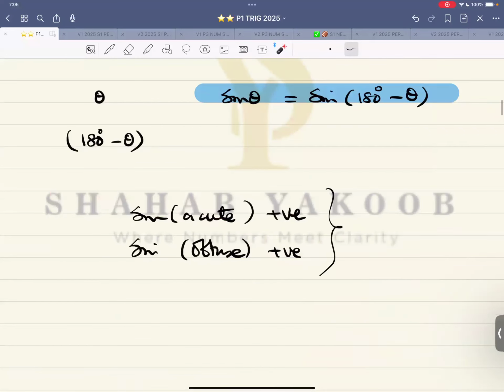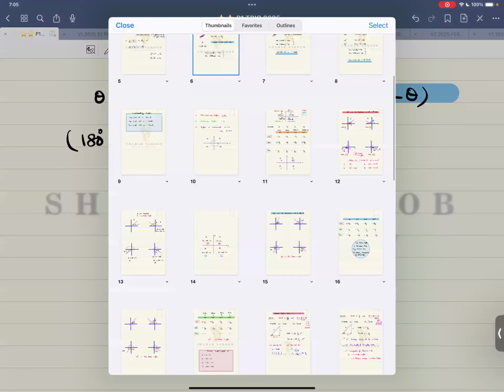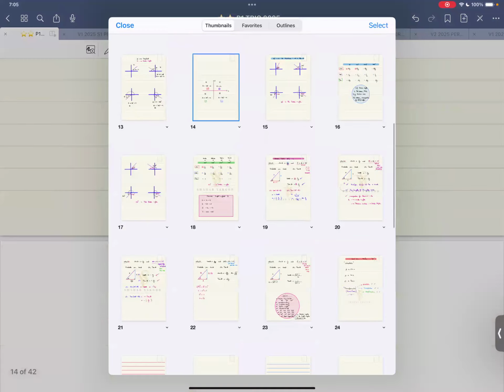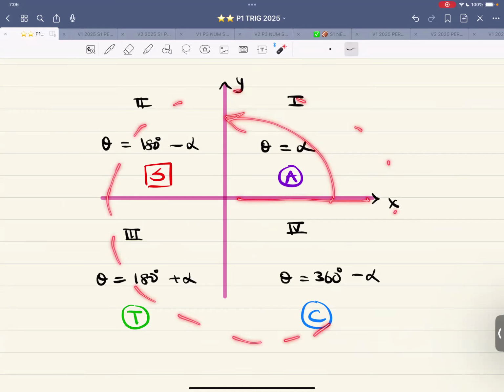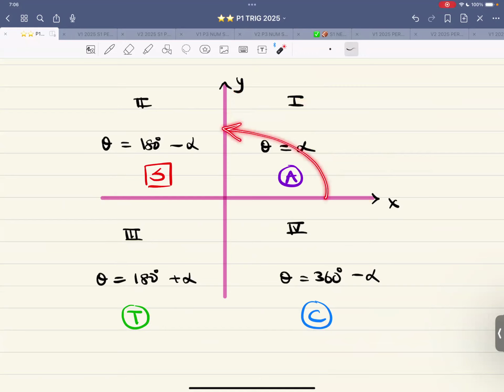Supplementary angles are not that much needed at this moment. But what we need is this: in the first quadrant, all the trig ratios are positive. Quadrants are measured going anti-clockwise. So the first quadrant is 0 to 90. The second quadrant is 90 to 180 degrees.